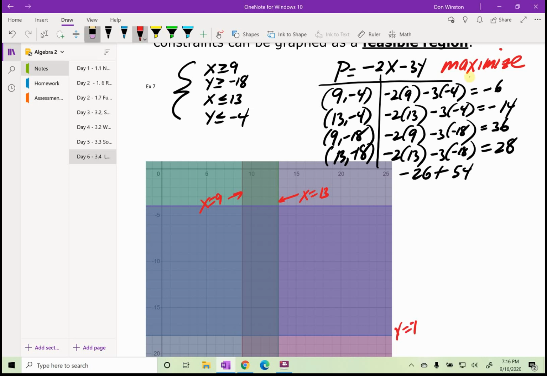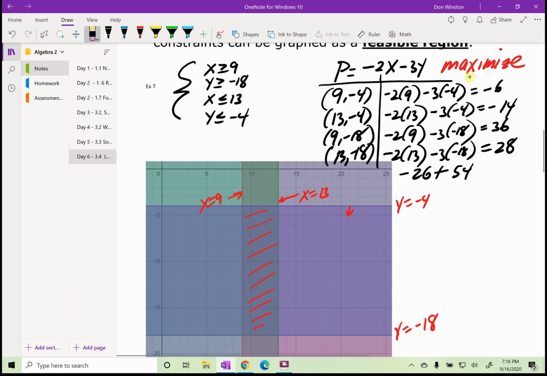Let me give myself some more space. So negative 18, y is equal to negative 18. But again, that's y is greater than, so we're going up that way. And then finally, we have the equation y is less than or equal to negative 4. And here's y is equal to negative 4, but we're going down that way. So our feasible region is all of this here.